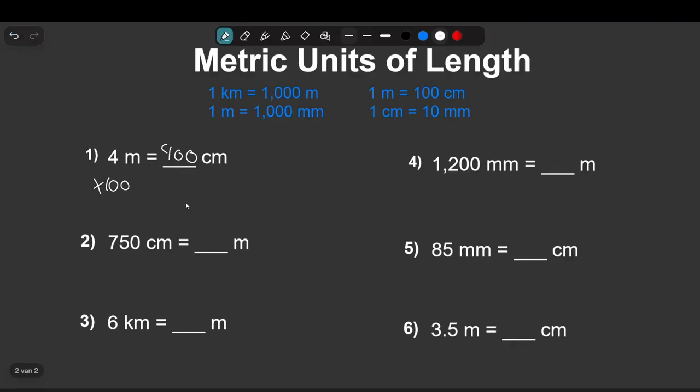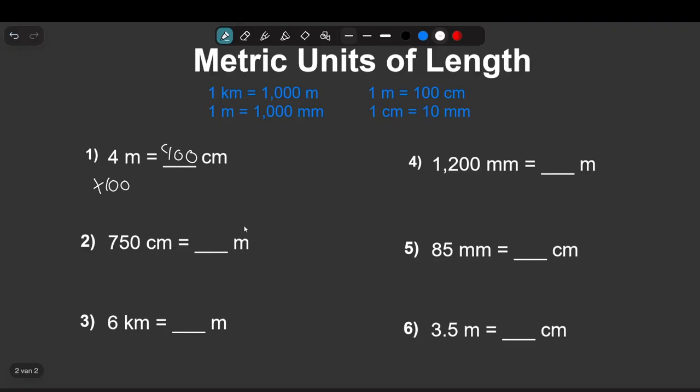So let's go to the second one, where we have 750 centimeters equals how many meters. If we are going to a bigger unit, we are going to divide. But if we're going to a smaller unit, we are going to multiply. As you guys saw here, meters is a larger unit than centimeters, and we multiplied.